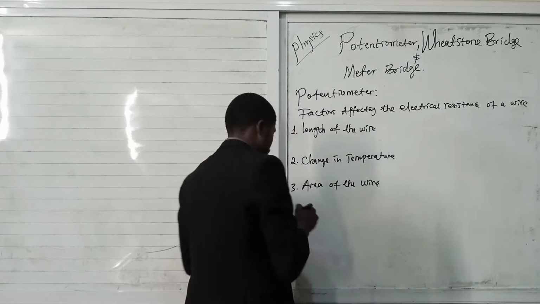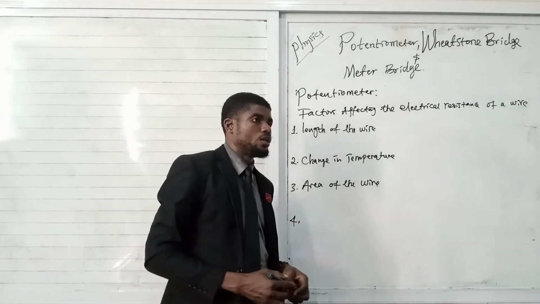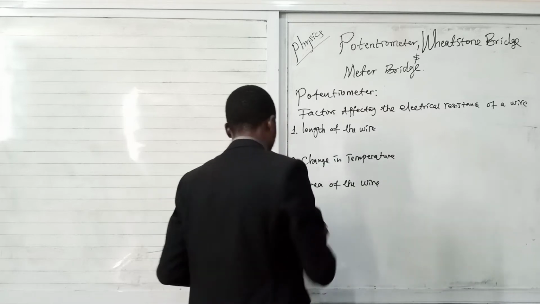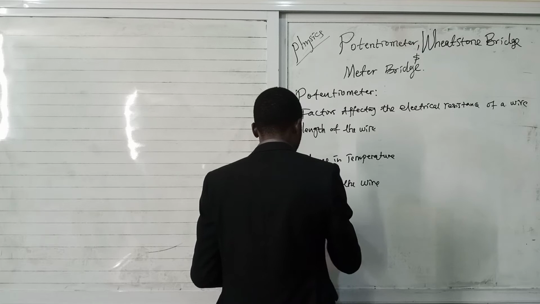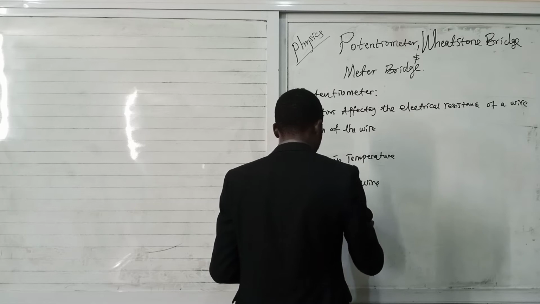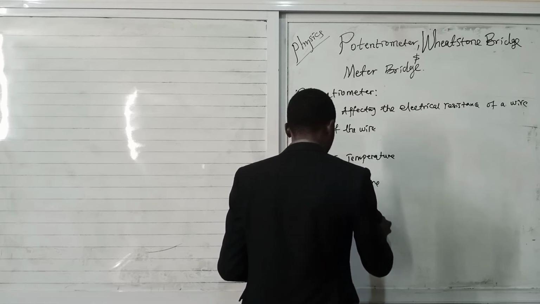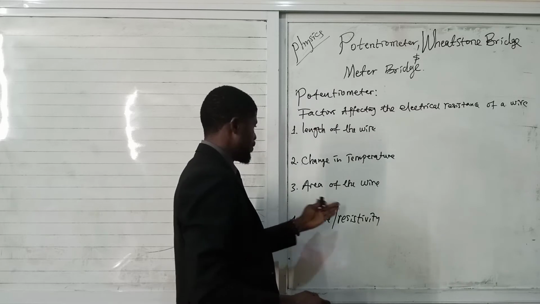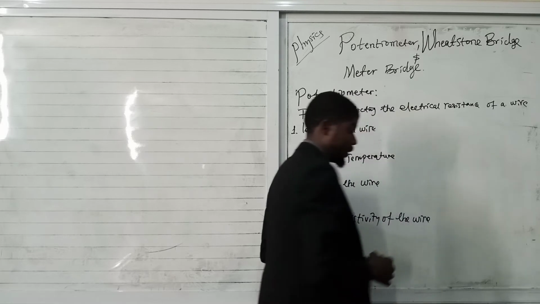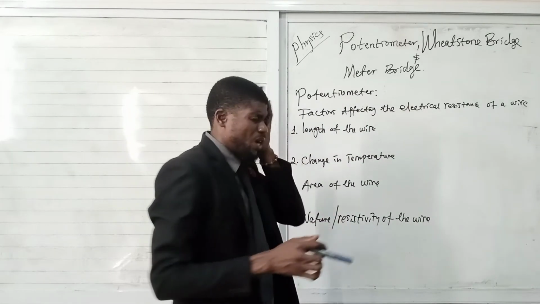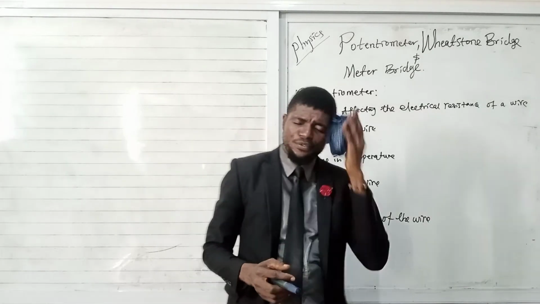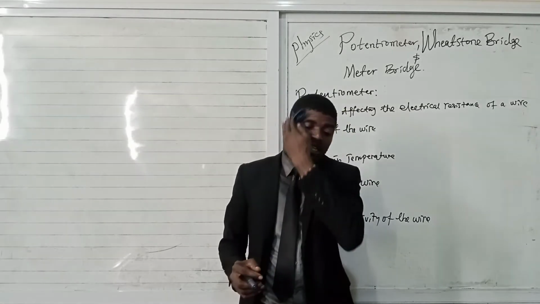And then number four is the nature of the wire, or let's say the resistivity of the wire. Yes, we call it nature slash resistivity of the wire.